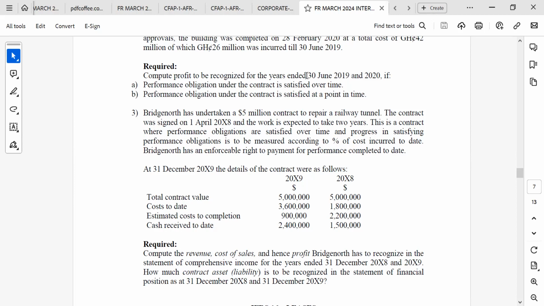Okay, 20X8. What is the total contract value? The total contract value is the amount that you are charging the company for the contract for the 2 years. So it's 5 million. What is the cost incurred to date? 1.8. Okay. What is the cost that we are expecting to incur to complete the contract?